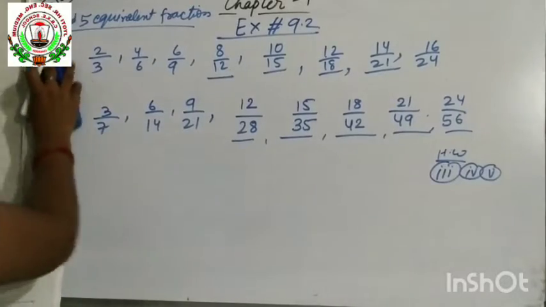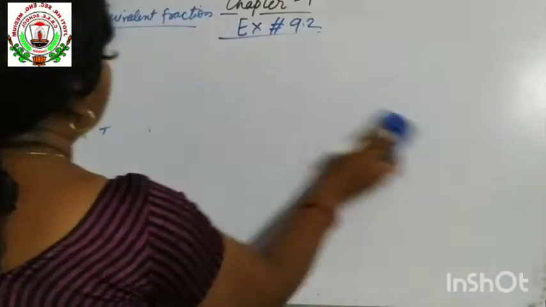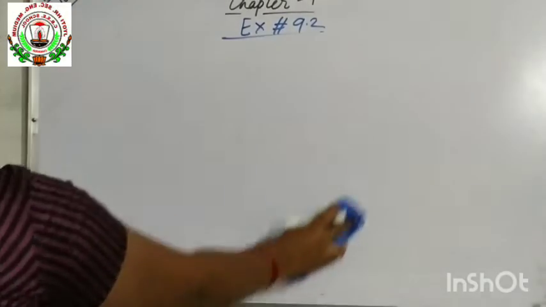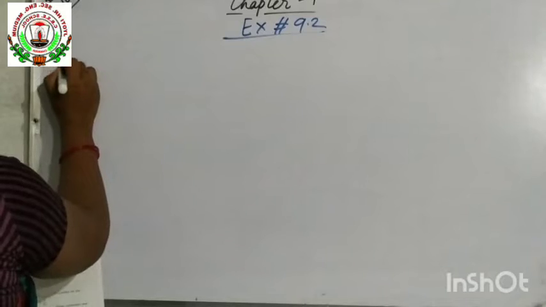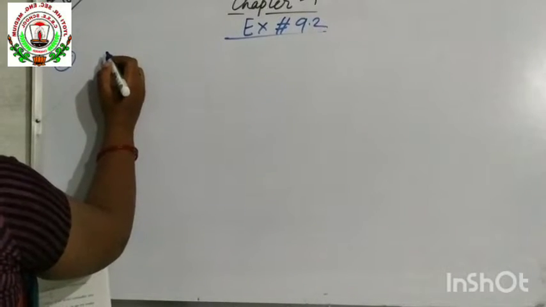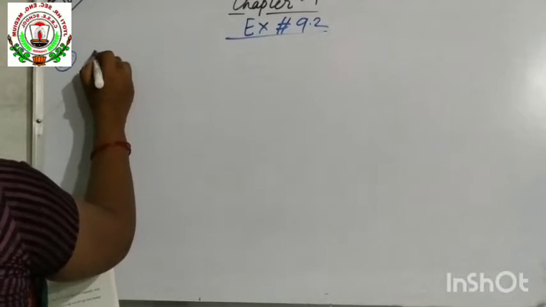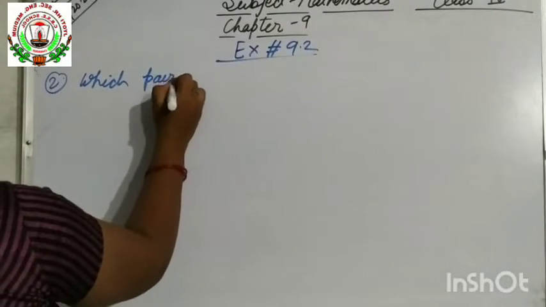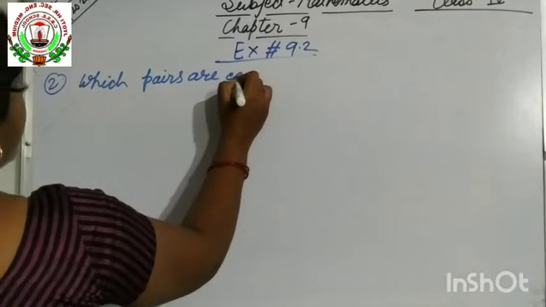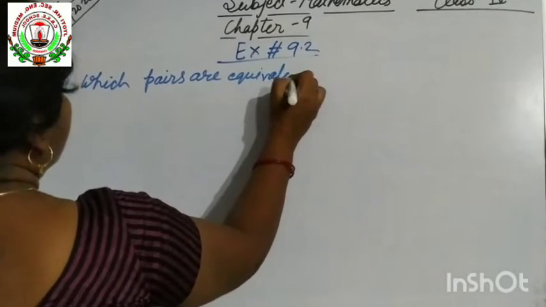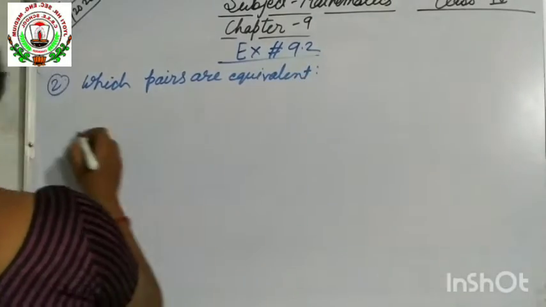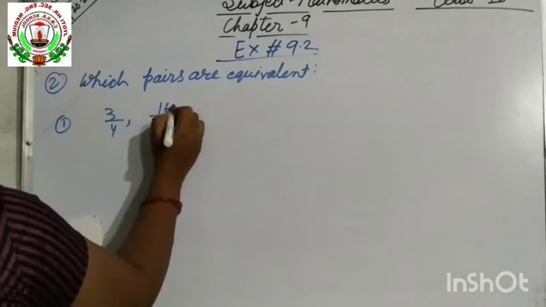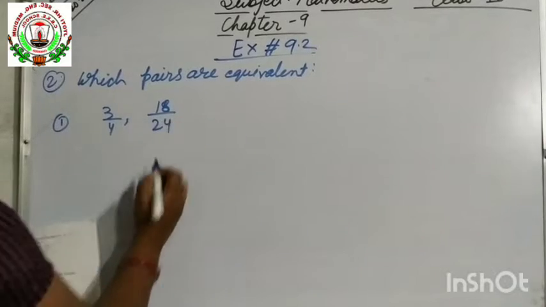Now the next question is question number 2. Which of the following pairs are equivalent? Number 1 is given: 3 by 4 and 18 by 24.